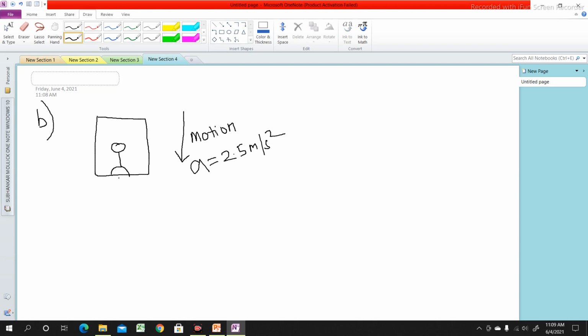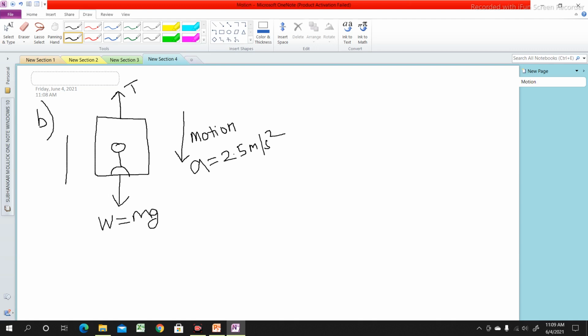So let us draw the FBD of this lift. The weight of the man acting vertically downward, that is W is equal to m into g. Tension T in the cable supporting the lift will act vertically upward. This is the tension T. Now, in order to apply D'Alembert's principle, or to keep this body in dynamic equilibrium, we need to apply the inertia force in the direction opposite to the direction of motion of this lift.